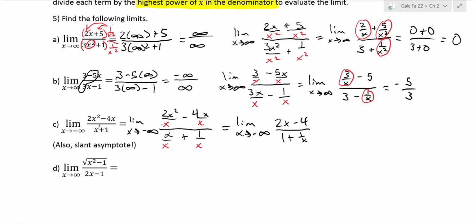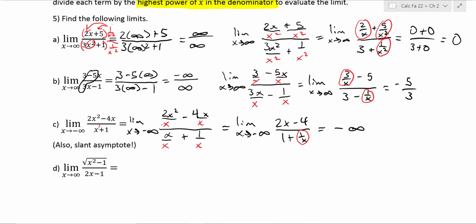All right, and as we substitute in here, the 1 over x is going to go to 0, and since we're subbing in a negative infinity, the 2 times some big negative number is still negative, minus 4 still negative, so this whole limit should go towards negative infinity.